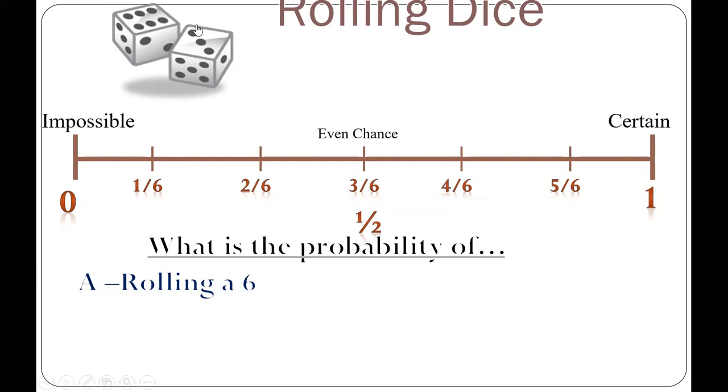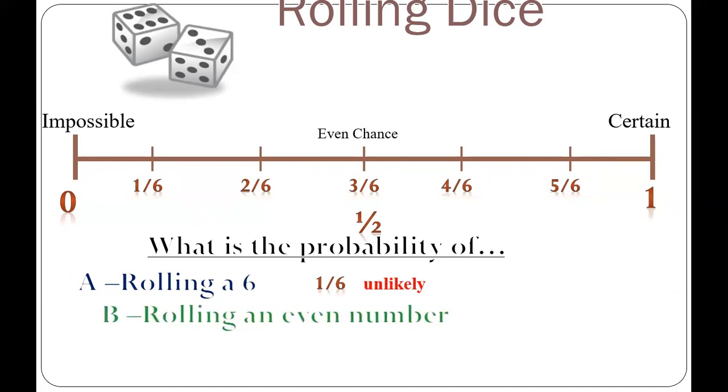So, what is the probability of rolling a 6? How many 6s do we have there? We have only 1. So it will be 1 out of 6. So it is unlikely, correct? Then B, rolling an even number. Let's see how many even numbers we have. 2, 3, 4. So we have 3 out of 6, which, you know already how to simplify, okay?